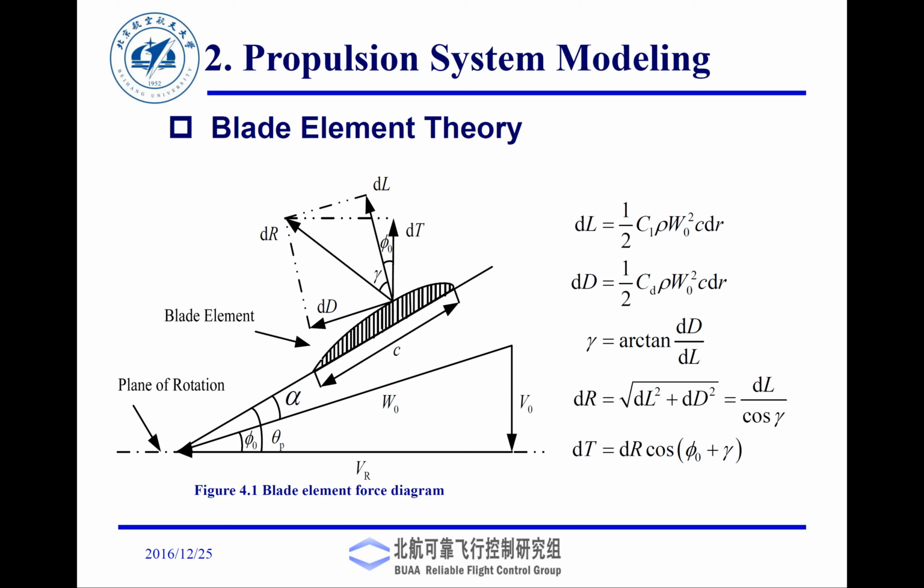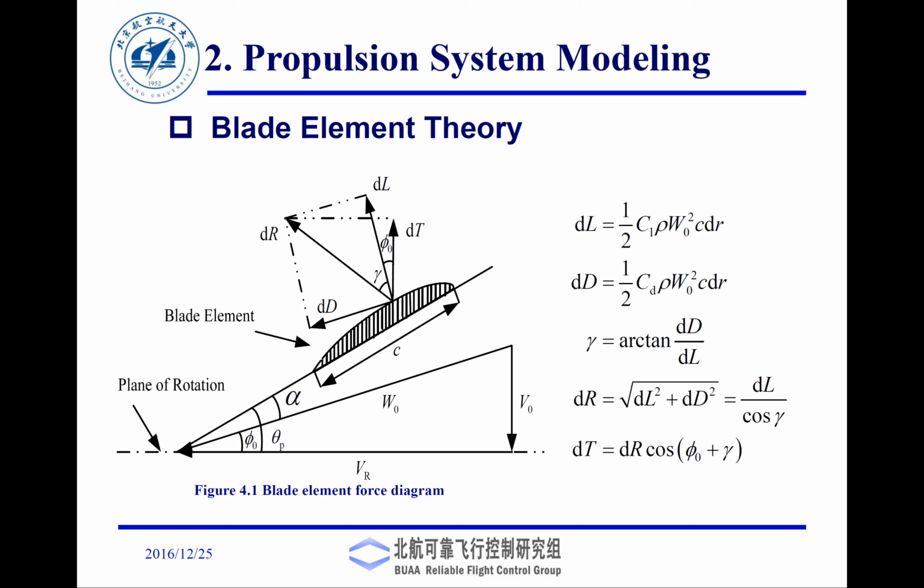So what you have is the dynamic pressure multiplied by c dr, which is nothing but the chord length multiplied by the radius. Now, what is chord? Chord is this distance. This is the chord. If you integrate the left hand side and the right hand side, you get the complete expression for the lift.